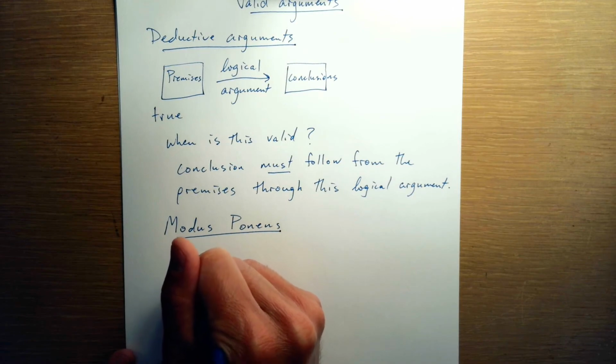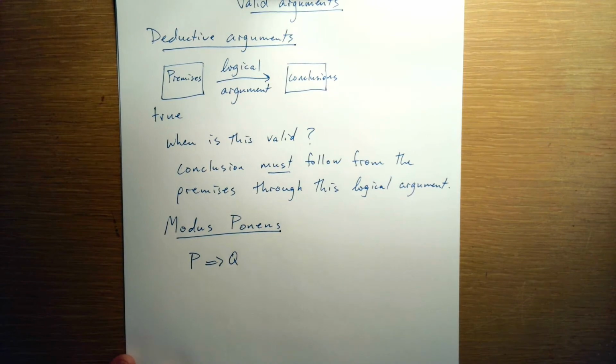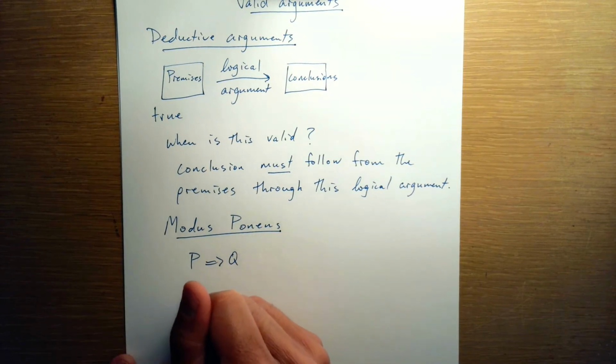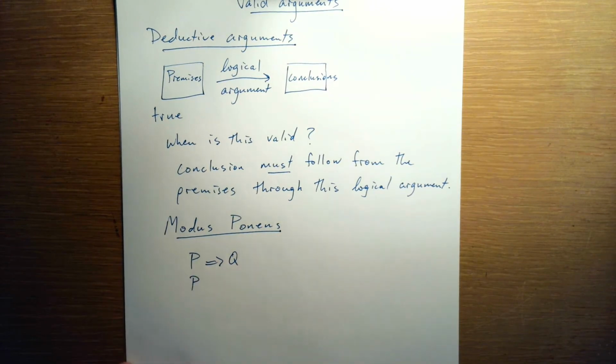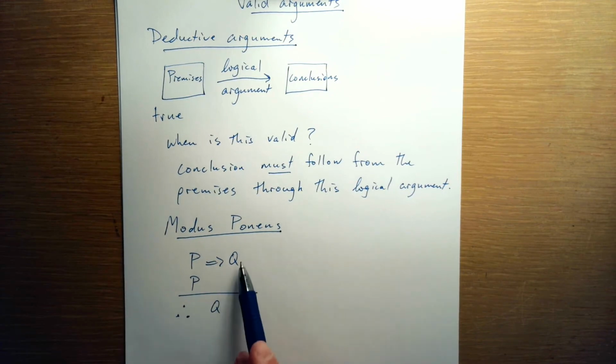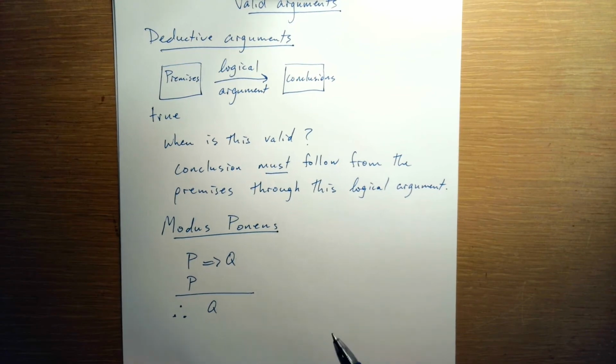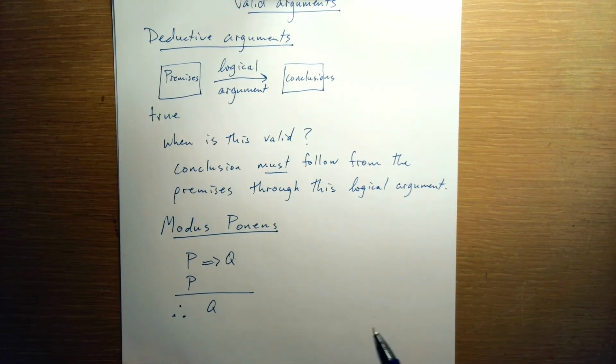You have two statements P and Q, and you start with the premise P implies Q, and then you add to it the premise P, and then your conclusion, which we draw these three dots that look like a triangle, is Q. So you take for granted P implies Q, and you take for granted that P is true. So putting these both together, you get that Q is true. So this is called modus ponens.